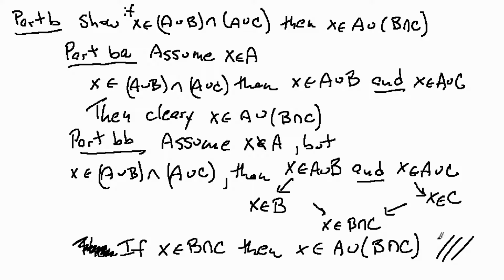Okay, so to do this particular proof, we actually had 4 different cases that we had to consider here. It took us 2 cases to go one way and 2 cases to go the other. You'll find that a lot of the proofs in this section follow a very similar pattern.